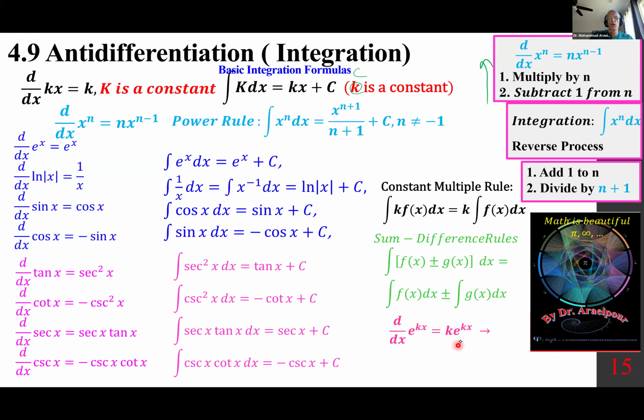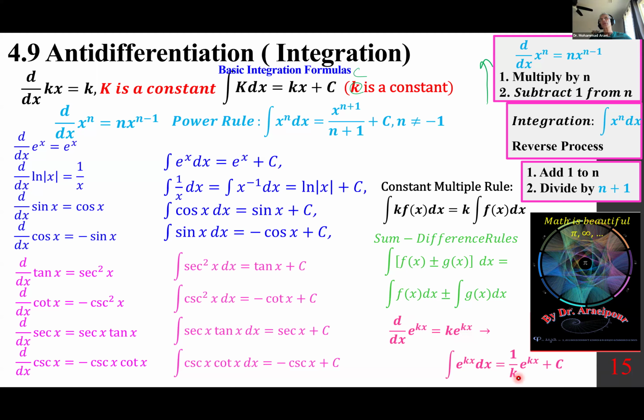If the derivative of e to the power of kx is itself times k, the integral of e to the power of kx must be itself divided by k and a constant. So think about it. The derivative of e to the power of kx is itself times k. Now we are going to divide by k. And don't forget the constant.